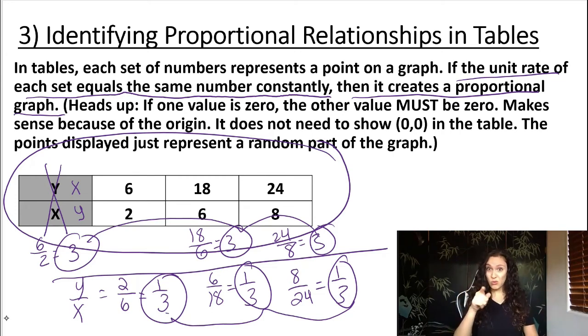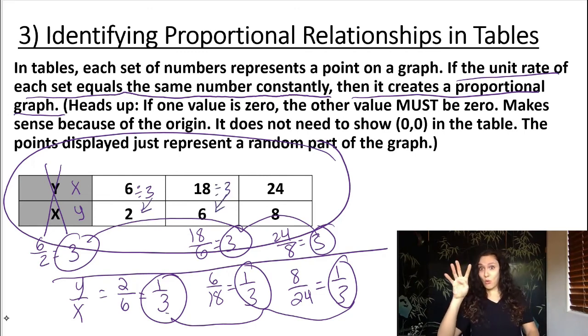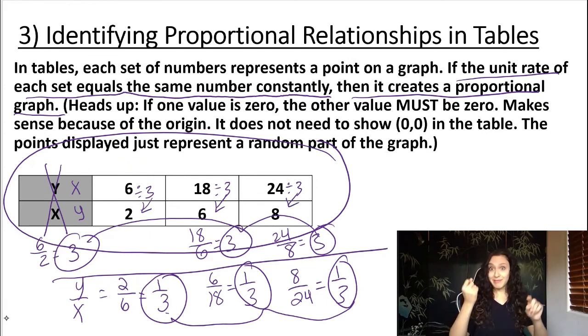But if there are no units involved and we just give you a table like this and we say, is it proportional? You can do it however you want. Something easy you could have done too was, 6 divided by 3 equals 2. 18 divided by 3 equals 6. 24 divided by 3 equals 8. That still works, as long as it's the same number.